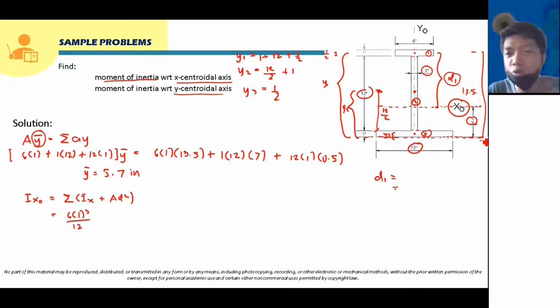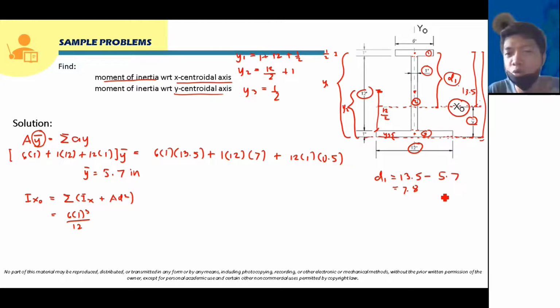He measured from the bottom up to the centroid of area 1, and then subtracted the y bar, so the distance he measured is this distance. So this is really distance 1. That will be 13.5 minus your y bar, 5.7. What is the answer for this, class? 7.8. Tama ba? Tama, 13.5 minus 5.7.